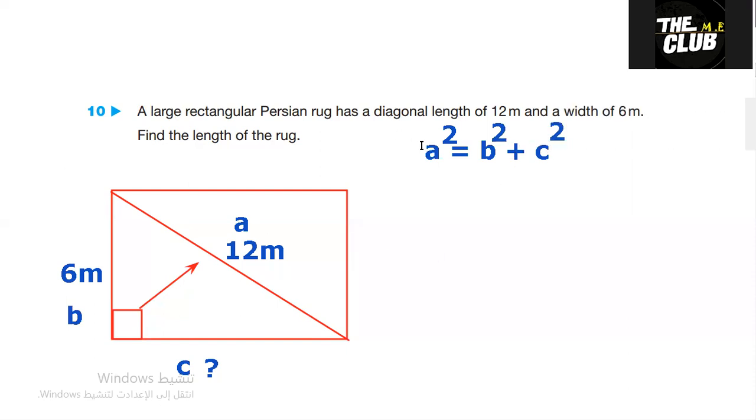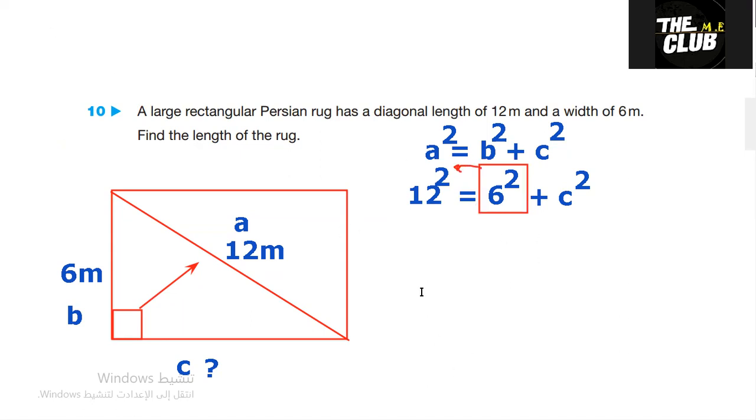First, A, which is 12, we say 12 squared, equals B squared, which is 6 squared. And then the C we don't know, so plus C squared. Same steps. I'm going to take the 6 squared to the other side, and because it's positive, I'm going to make it negative here.